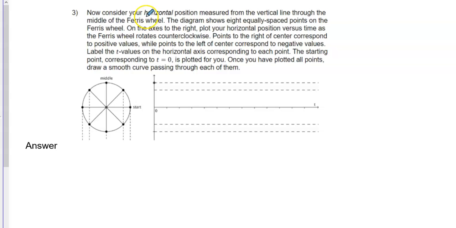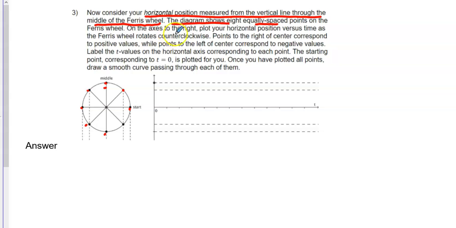Now consider your horizontal position measured from the vertical line through the middle of the Ferris wheel. So we are considering that our horizontal position is measured through the middle. The diagram shows 8 equally spaced points. So these are the 8 equally spaced points, like we did in the first one.